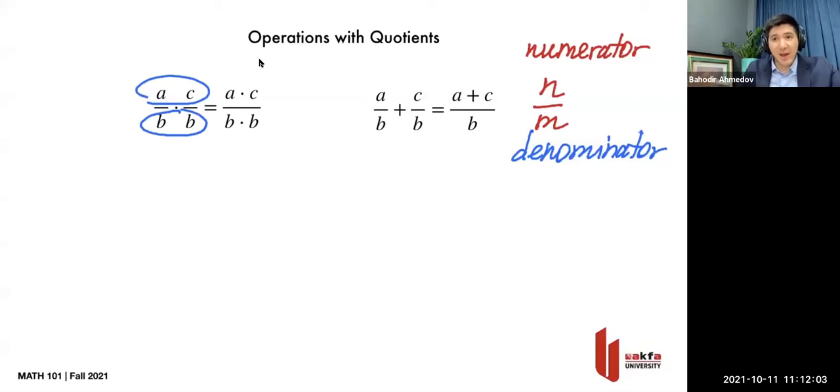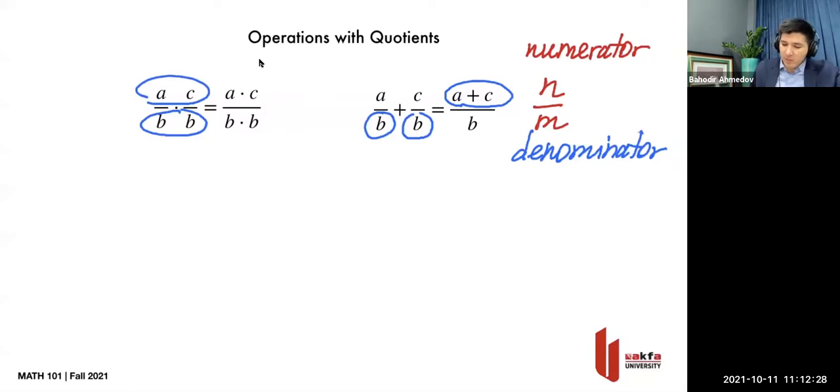I can add these two quotients if and only if their denominators are the same. Like A/B plus C/B can be added if the B in the denominator of the first ratio is the same as the B in the denominator of the second ratio. Then I can add this, and in this case, I simply add the two numerators.